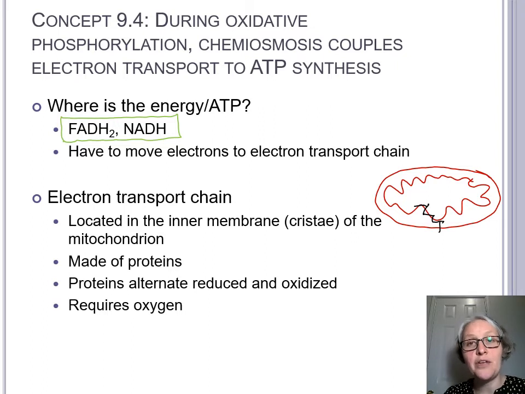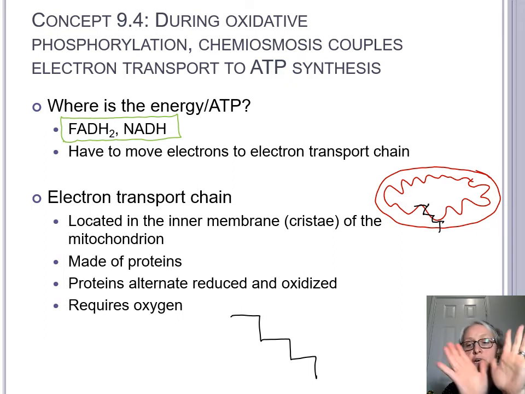When we talk about the electron transport chain and we keep drawing the little zigzag, it's not an actual zigzag. These are actually proteins in the mitochondria that can alternate reduced and oxidized. Leo the lion says grr. So what the proteins can do is they can gain an electron. Imagine that my pen is an electron. I've gained the electron, I'm reduced, and then I've lost my electron.